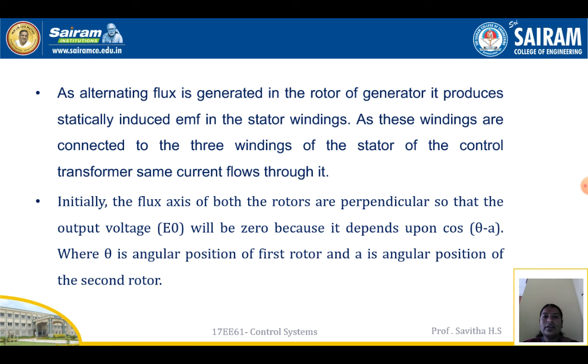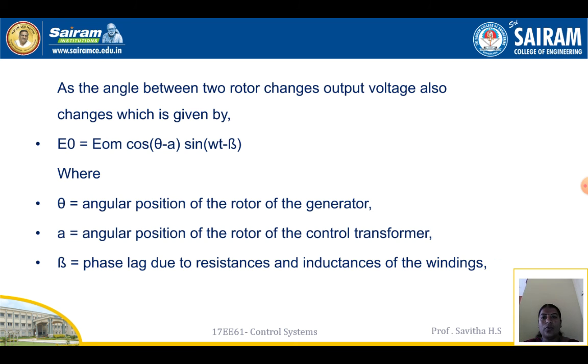As alternating flux is generated in the rotor of the generator, it produces statically induced EMF in the stator windings. As these windings are connected to the three windings of the stator of the control transformer, the same current flows through it. Initially, the flux axes of both the rotors are perpendicular, so the output voltage E0 will be 0, because it depends upon cos of theta minus a, where theta is the angular position of the first rotor and a is the angular position of the second rotor.